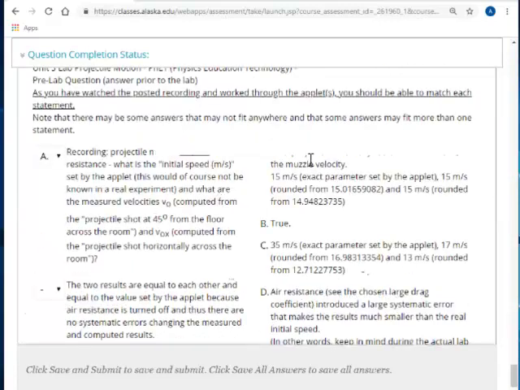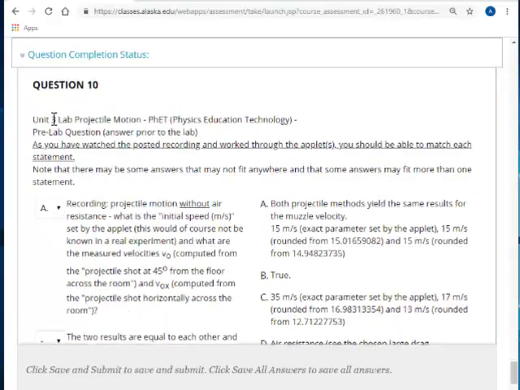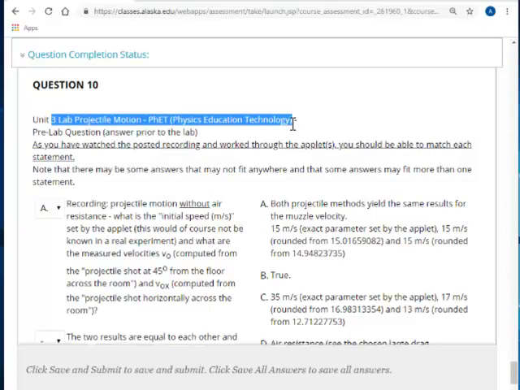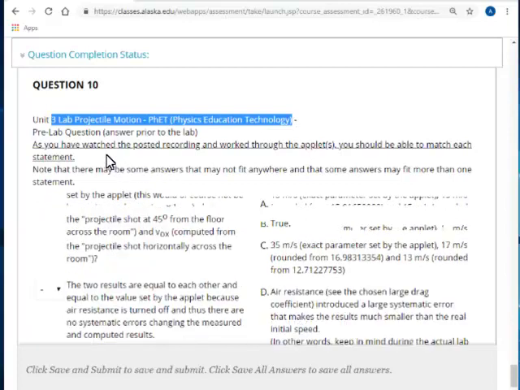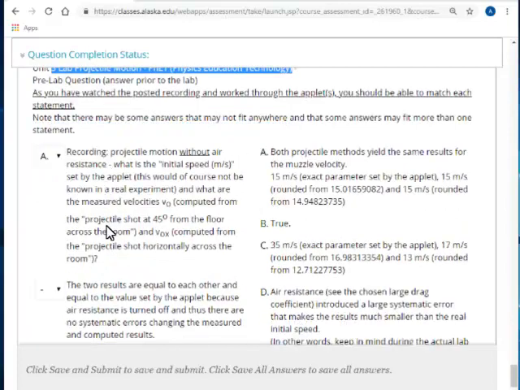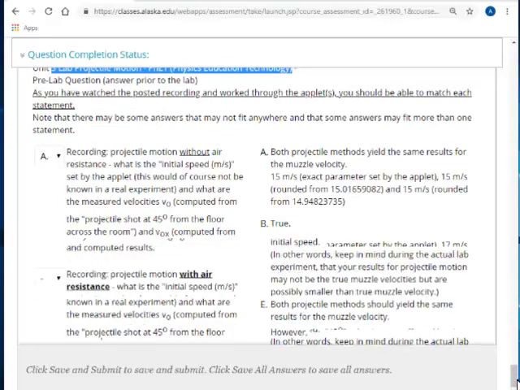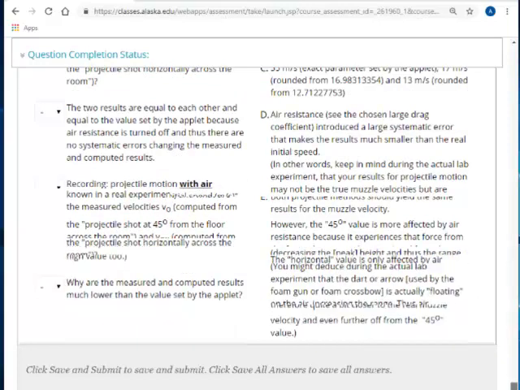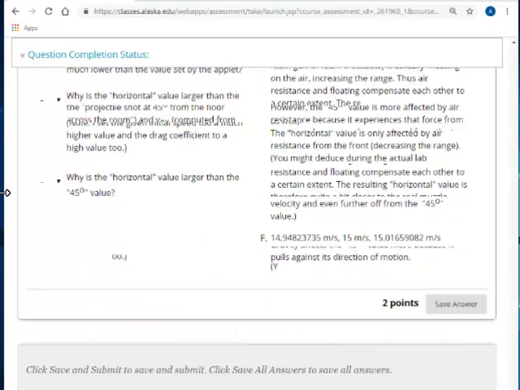This one here, you would have to access the PhET Physics Education Technology applet. It's posted, and you can go in here and then answer these questions. And again, they also should be in the correct order.